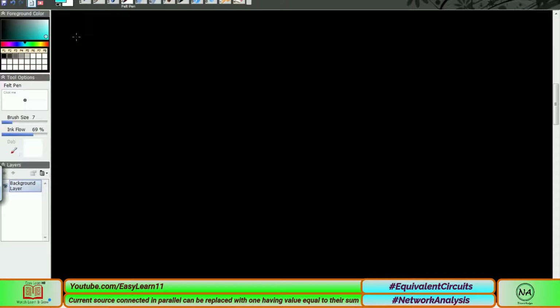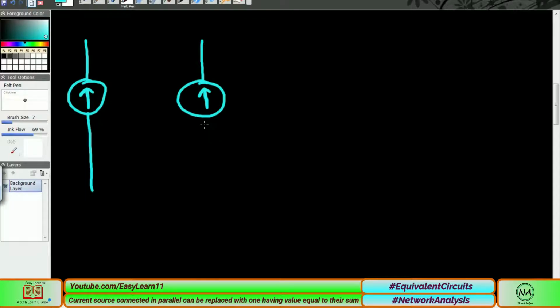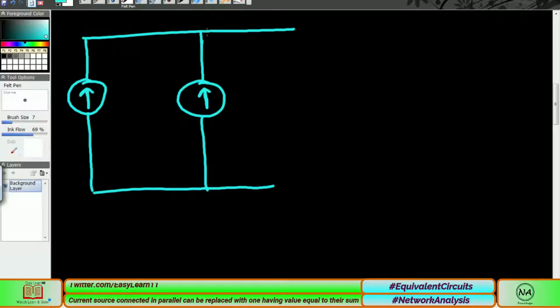But now we have discussed the series combination. Now let us discuss the parallel combination. So here you can see two current sources that are connected in parallel.